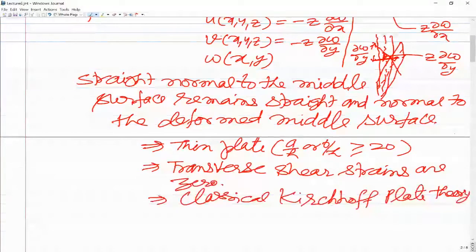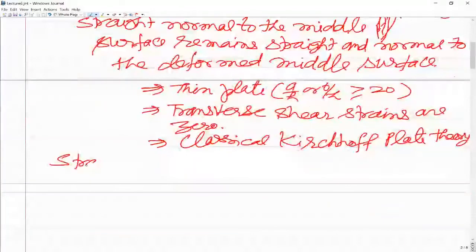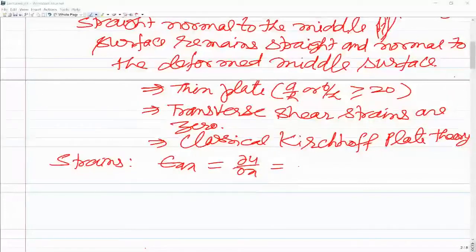Now once you have these approximations for the displacements, then you go for the strains in the same sequence. If you look at the strains, epsilon xx, we know it is del u by del x, and u is minus z into del w by del x, so this will become minus z into del 2w by del x square.